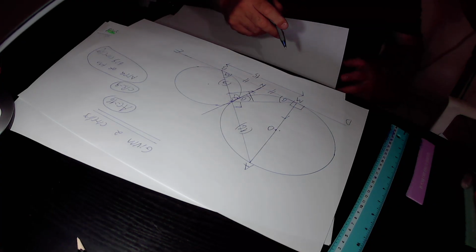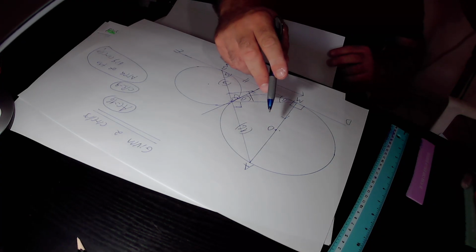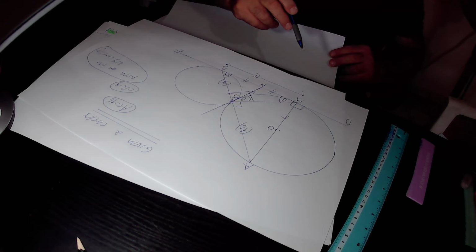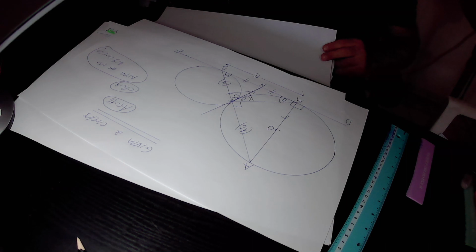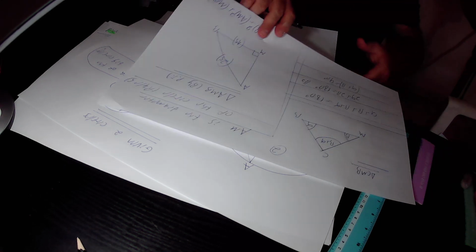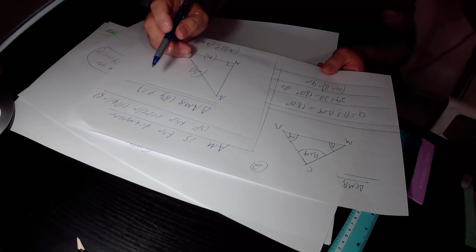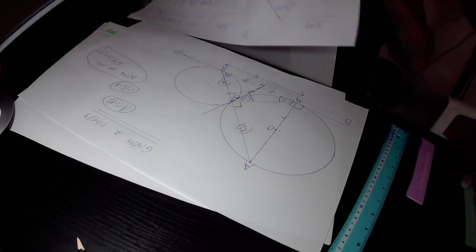AM is one side of triangle AMB, but AM is also the diameter of the big circle. We have already found out that AM is the diameter of the big circle.